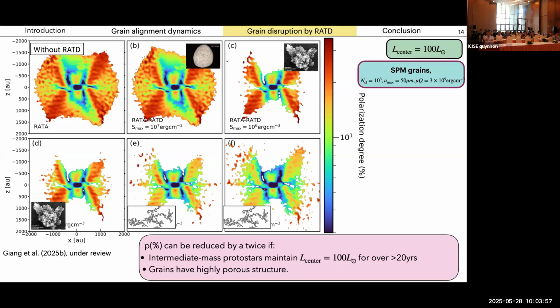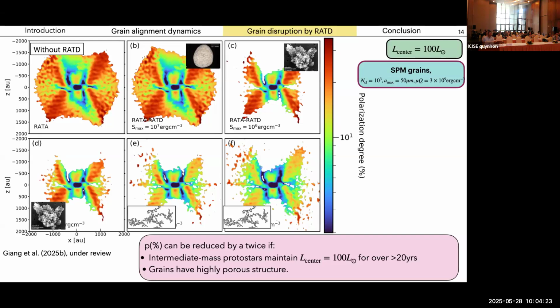The reason is that composite and irregular grains are only destroyed by RAT inside the outflow cavities. But the outflow cavity has very low gas density compared with the envelopes. So the contribution of dust polarized emission from the outflows is subdominant to the contribution of dust emission in the envelopes. So that's why we do not see the imprint of RAT in this case.